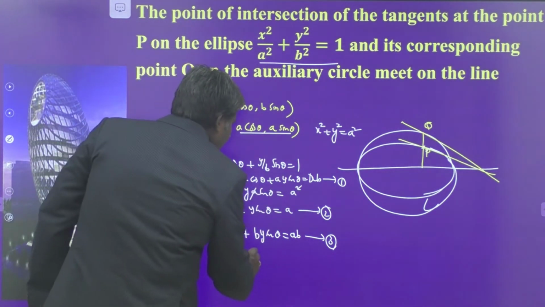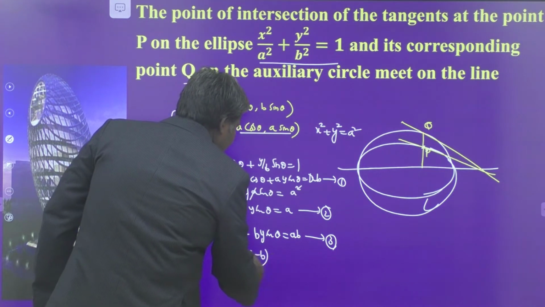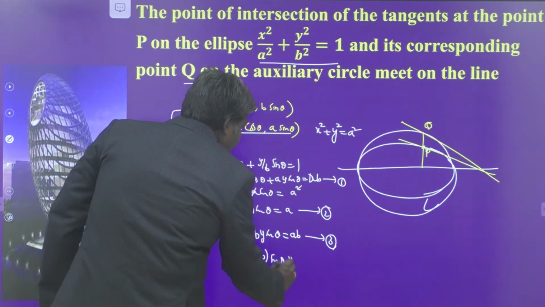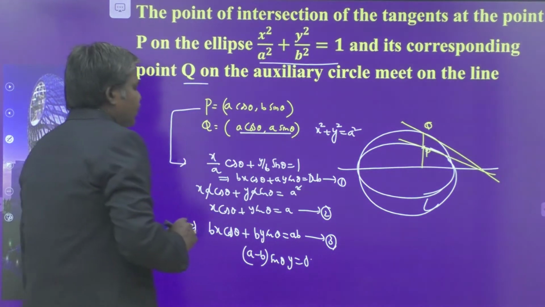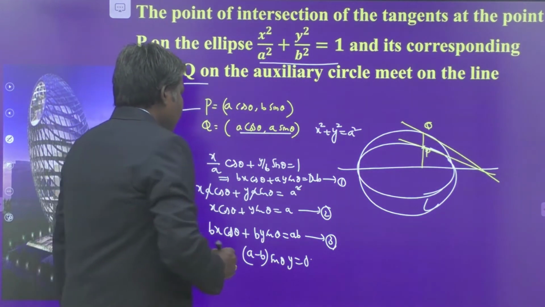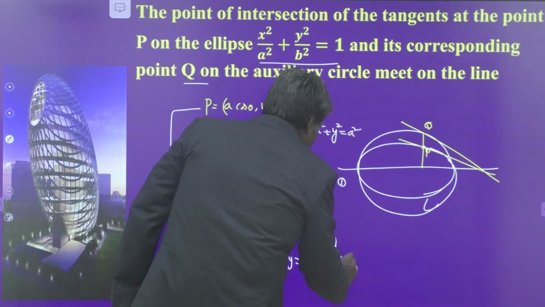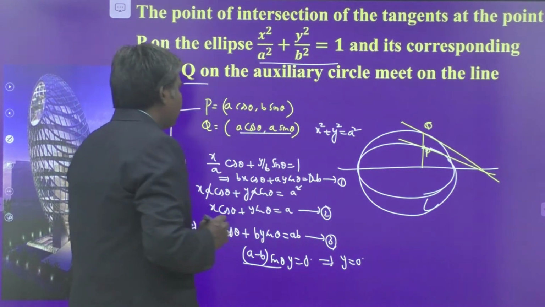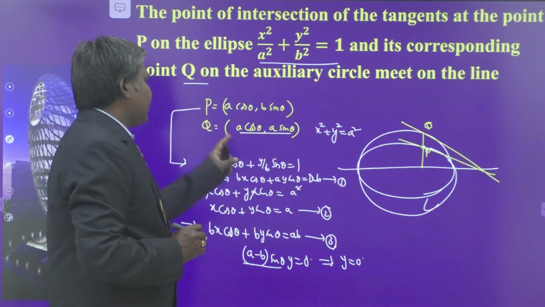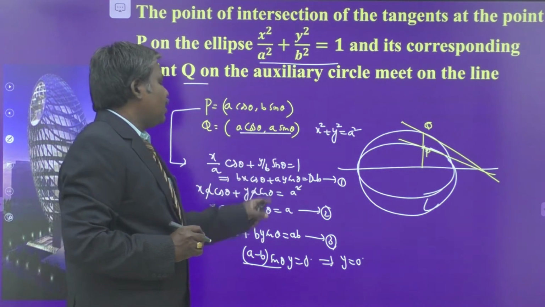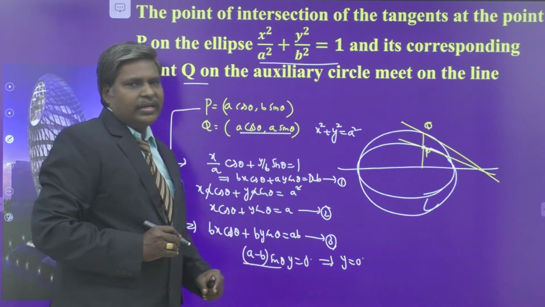We get (a minus b) into sin theta into y is equal to 0, since ab minus ab is also 0. This is never 0, which implies y is equal to 0. Therefore, for the point of intersection of tangents at P and Q, for all values of theta, the y coordinate is 0.